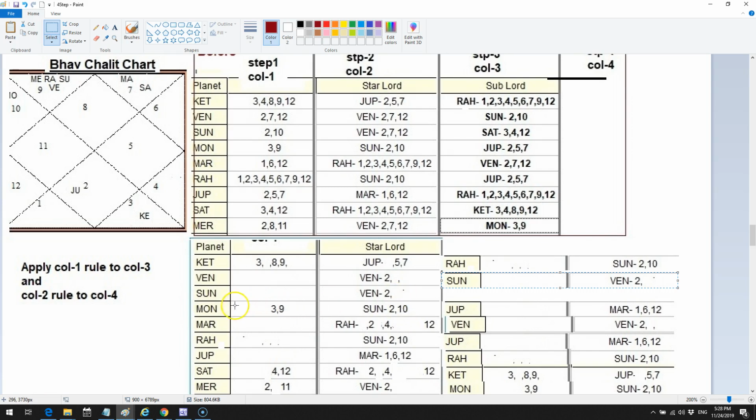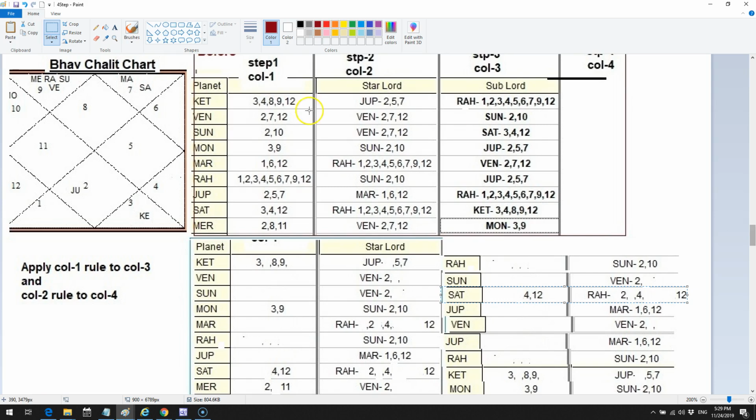And then you have the Sun, whose sublord is Saturn. So we have to look at Saturn over here, copy these things and just paste over here, right? I hope I didn't make a mistake, because this is easy, but this is a little tedious in terms of presenting it.